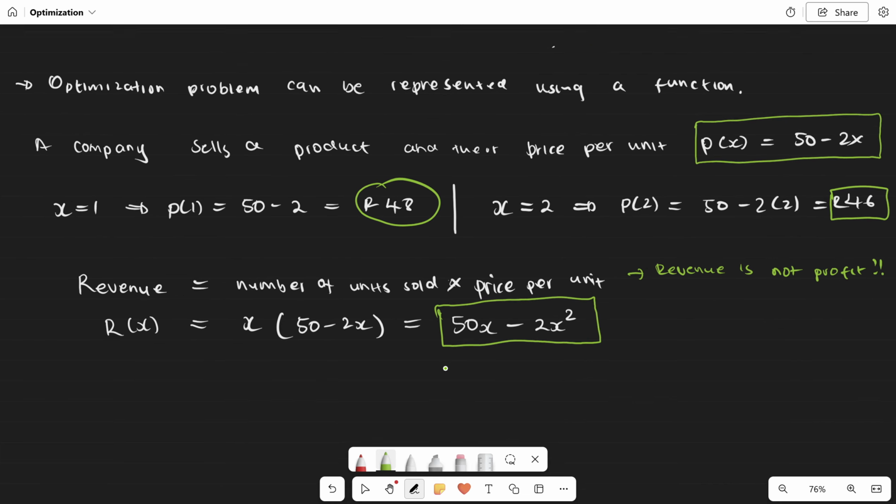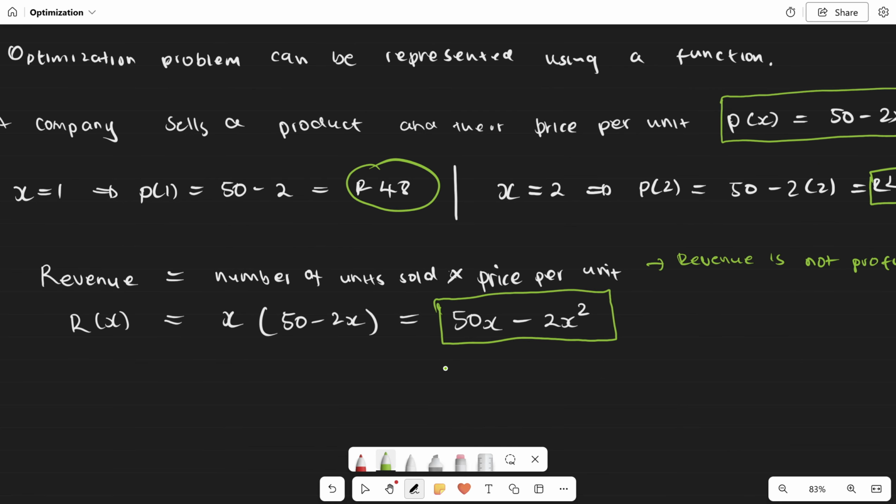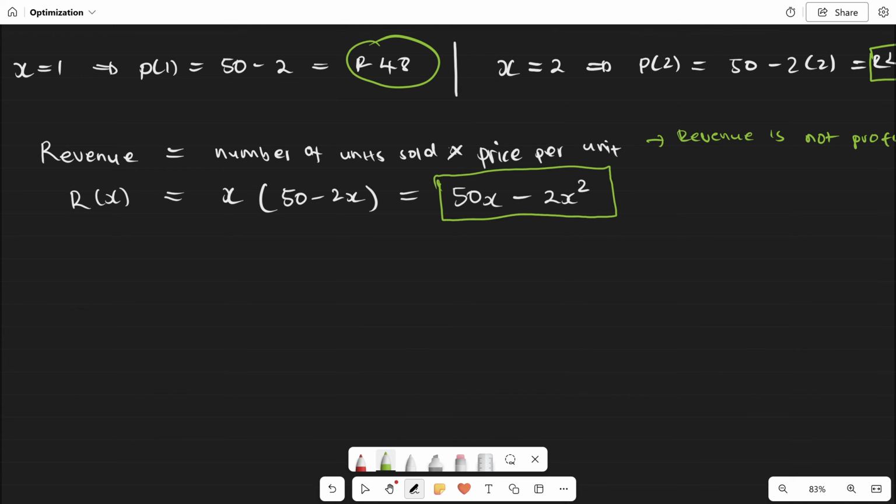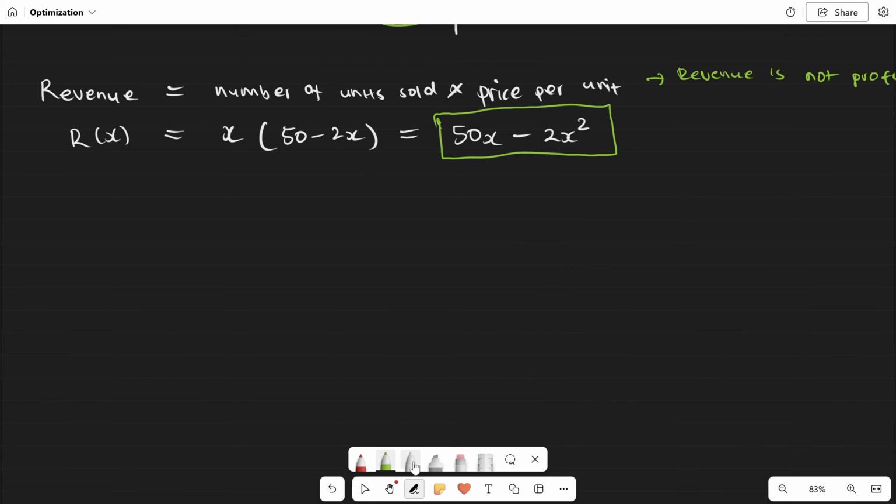So this is our revenue function. But now to find our profit, you know what profit is?